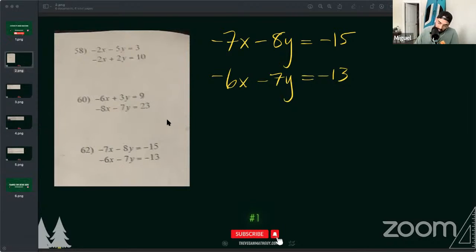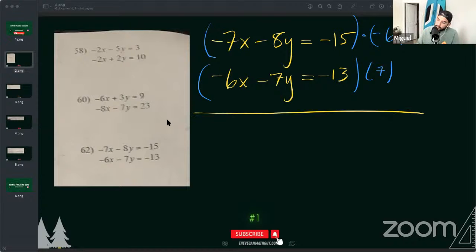Let's do the x. Okay, so if we want to have the same value for the x but opposite signs, let's multiply the top by, let's do a -6, and then let's do the bottom by +7. Again, you're going to see why that's the case.